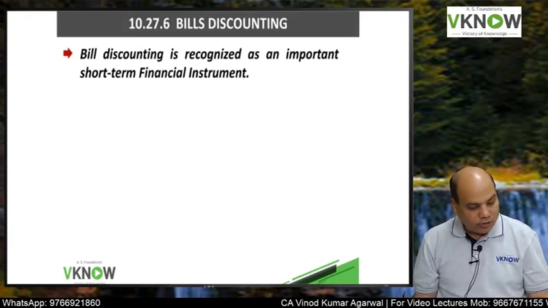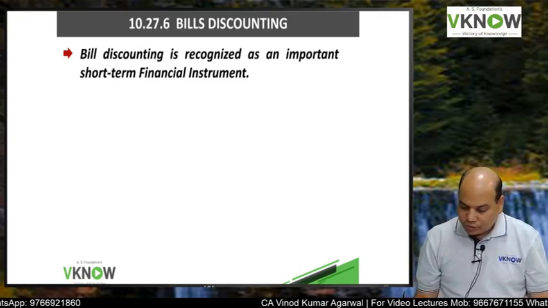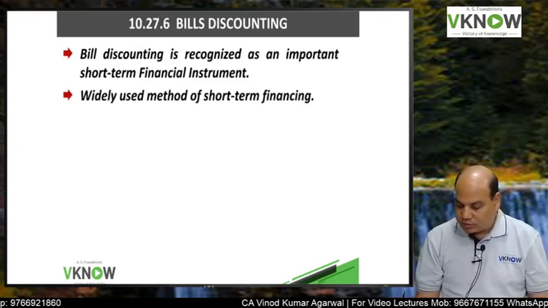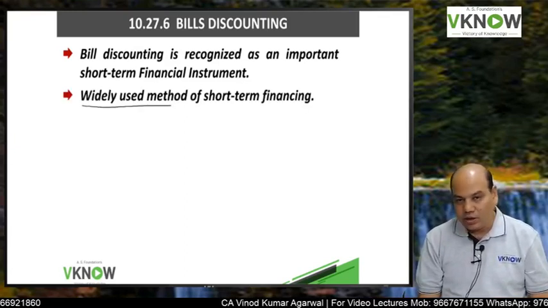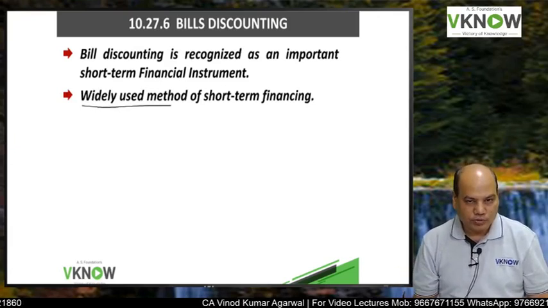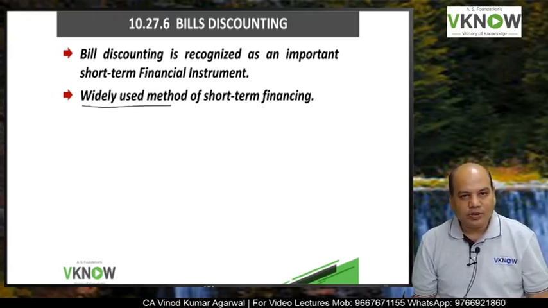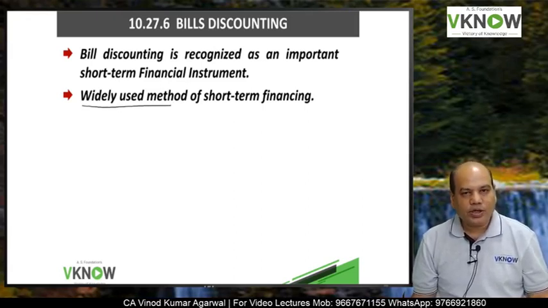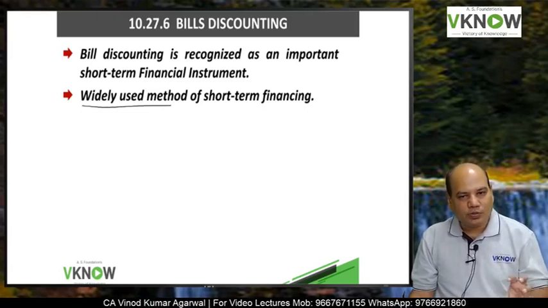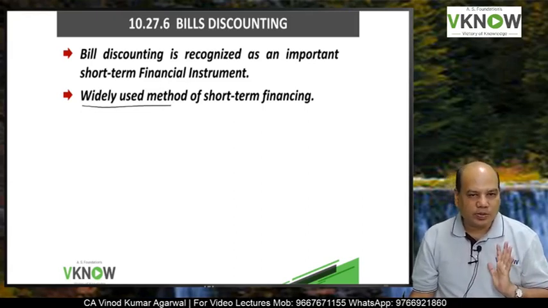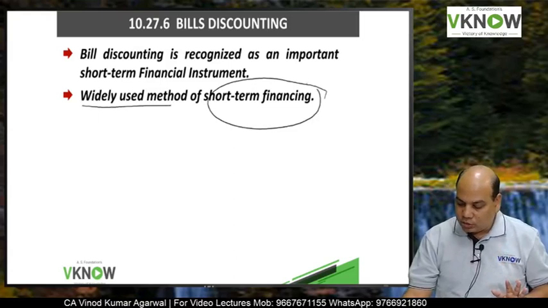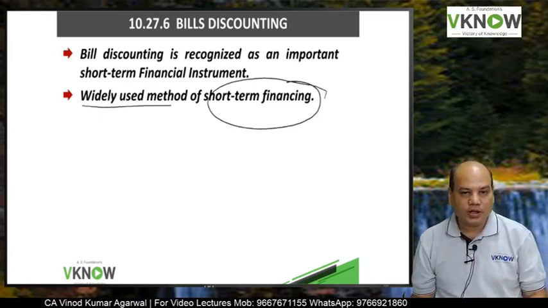Bill discounting we have already discussed. In bill discounting what happens? The purchaser accepts a bill of exchange. The supplier goes to the bank, gets the bill discounted with the bank, so that it will be able to get funds for its working capital purpose. So bill discounting is also a form of short-term financing.